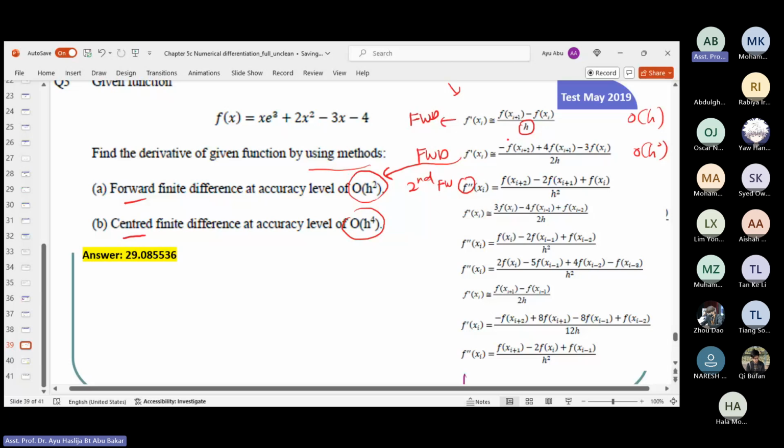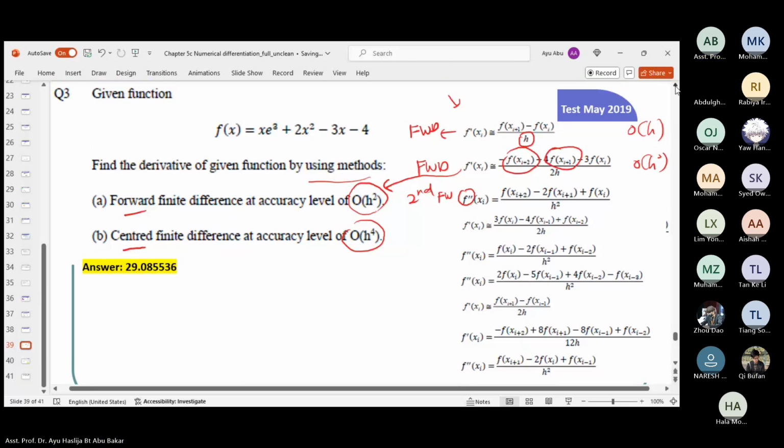Take note of the points, the data that you require. f x i plus 2, i plus 1. It doesn't give the h value. So let me check.